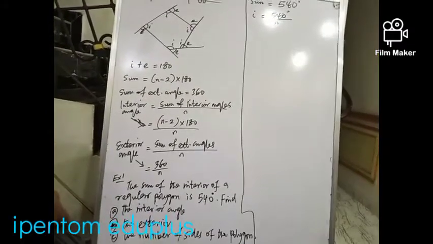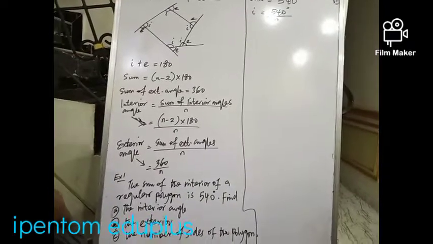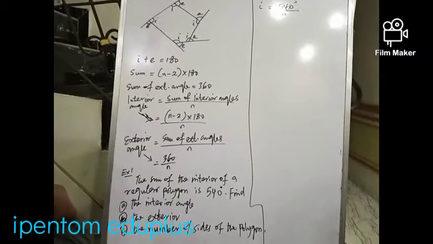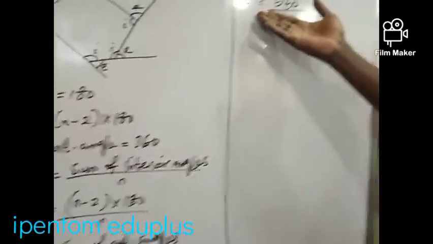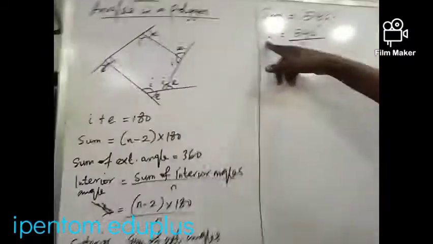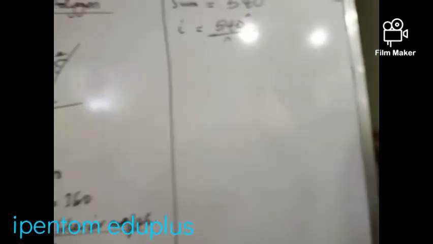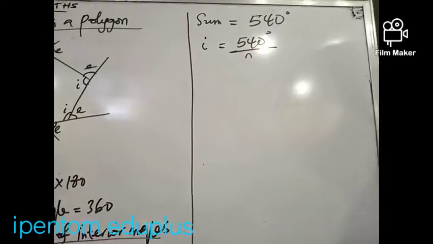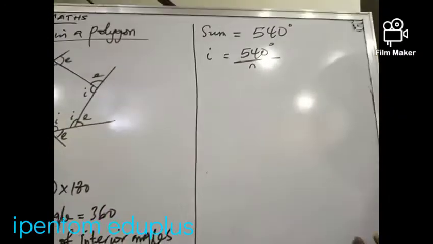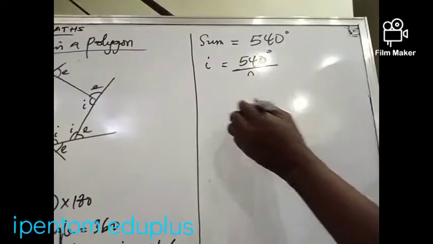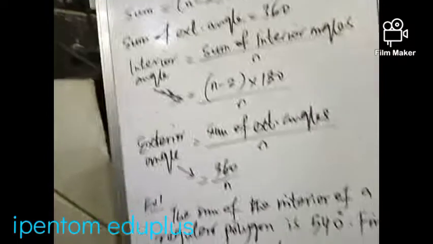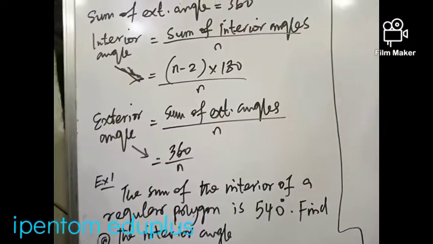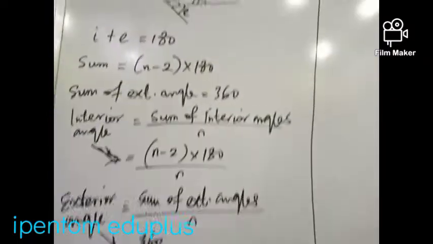But the major problem with this question is that we cannot get the number of sides using this formula except we know the interior angle. Neither can we get the interior angle without knowing the number of sides. So we have to use another formula, which is the sum equal to n minus 2 times 180, to get the number of sides first.